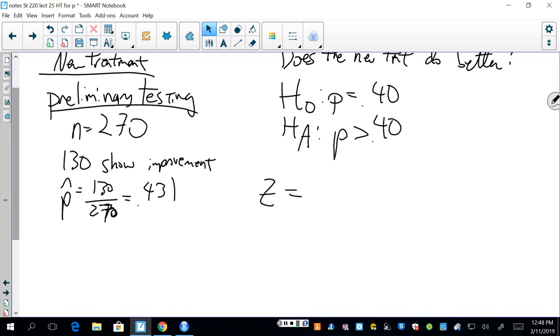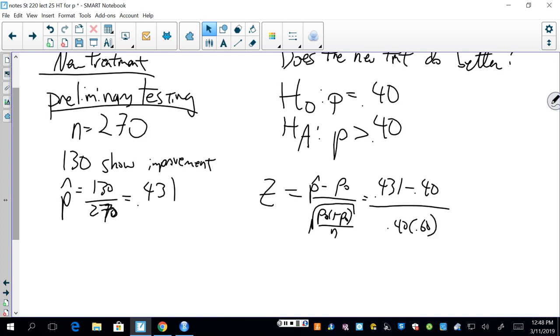So let's think of a Z statistic. Same formula: p hat minus p0, over the square root of p0 times 1 minus p0 over n. So 0.431 minus 0.40, and we use the null value in the standard error because the null hypothesis tells us that's what it should be. So 0.40, 0.60, and there were 270 volunteers.